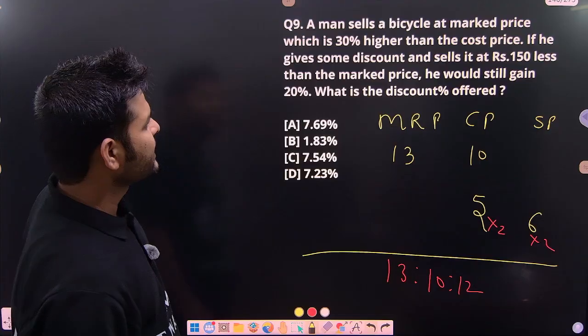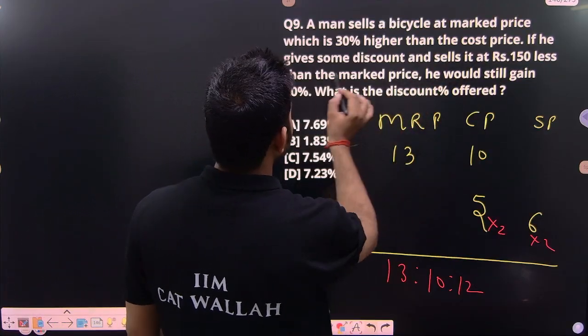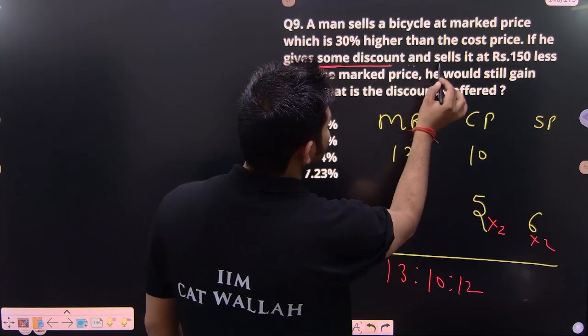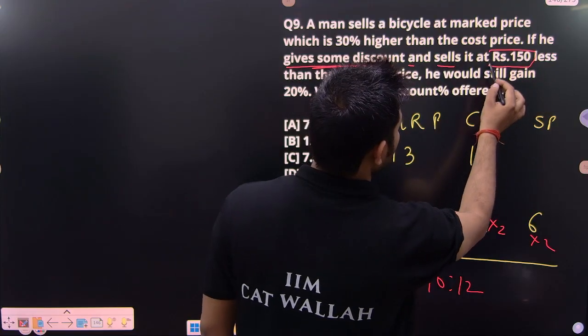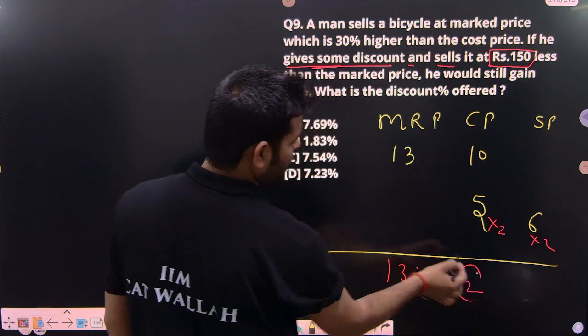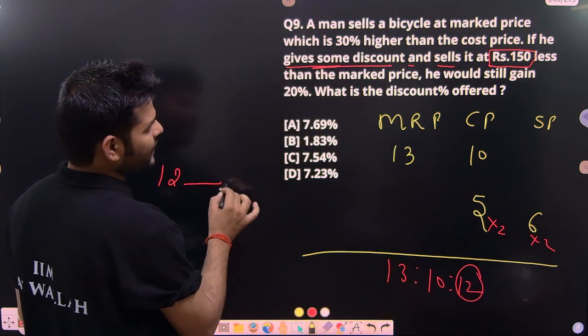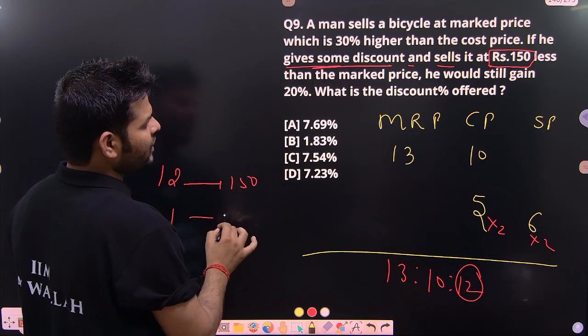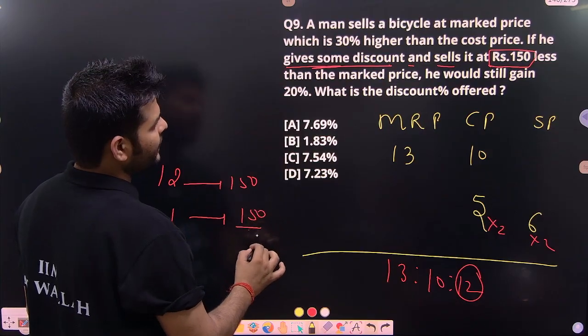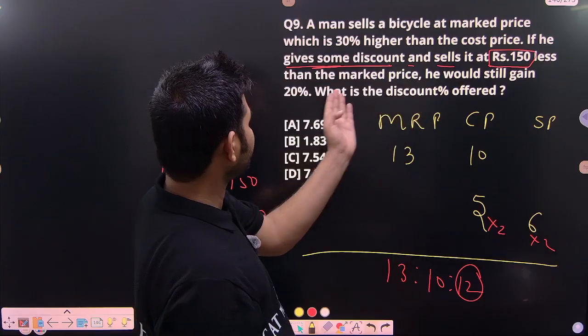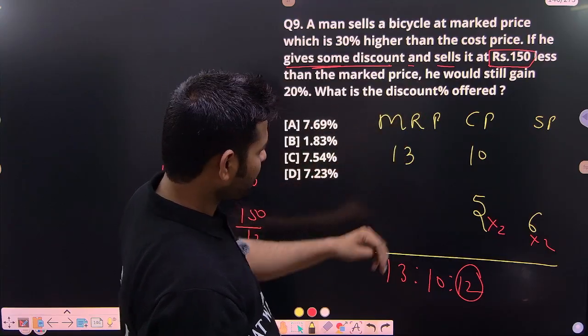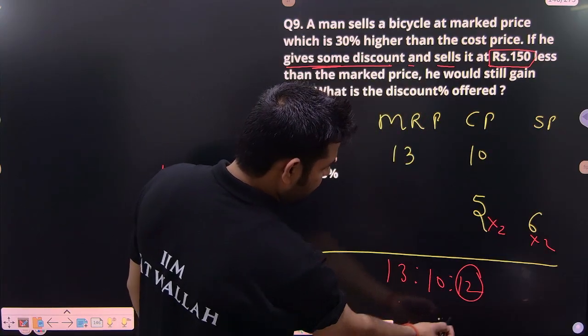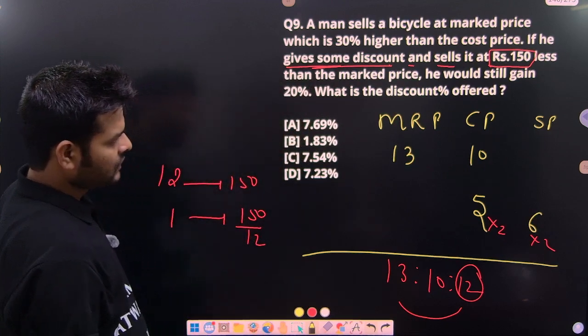Now the question says, if he gives some discount and sells it rupees 150 less, or over here 12. So 12 units will represent 150. 1 unit will represent 150 upon 12. We have been asked, what is the discount offered? So discount offered is 1 unit.